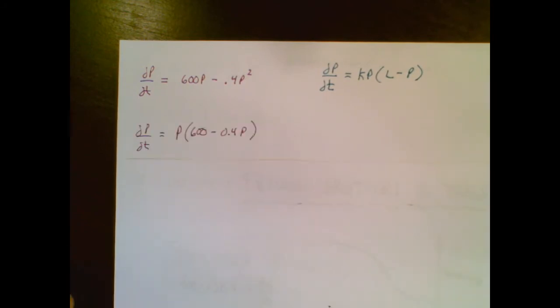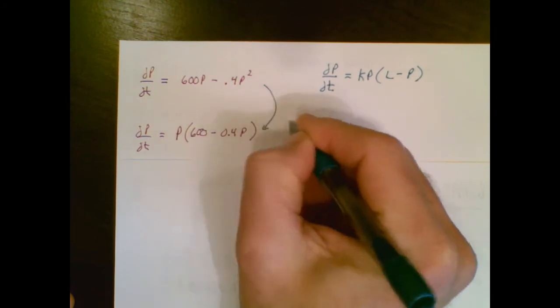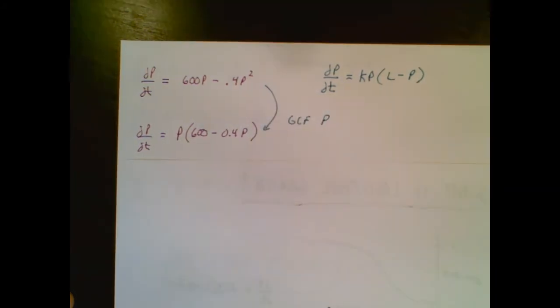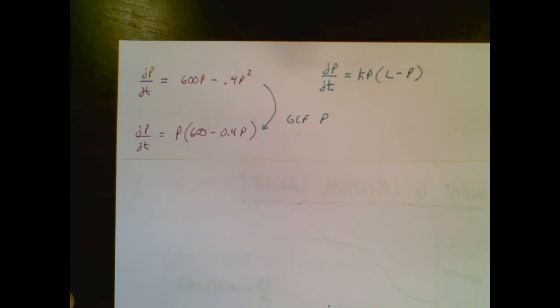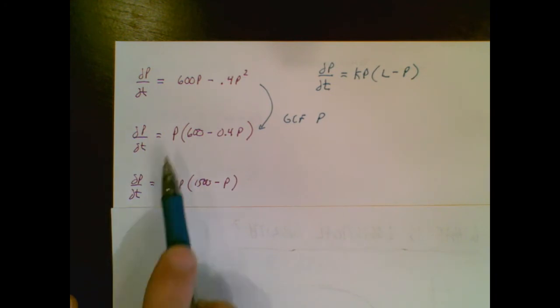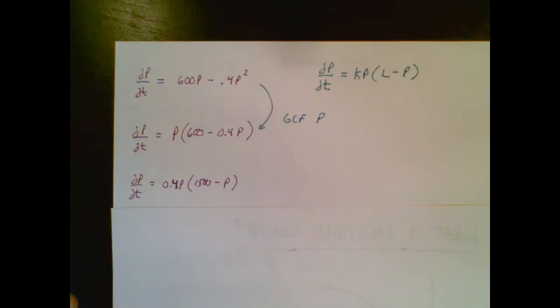So if I'm given an equation like this and I feel like I need that, I can go through this algebra trickery procedure. I notice a common factor of P, and remember the most commonly overlooked factoring technique in America today, the GCF. So I factor out a P. Some of you are saying, hey, you could have factored out more than that, teach. Yes, but I wanted to do it in two steps. Between these coefficients, I have a very weird GCF of 0.4.